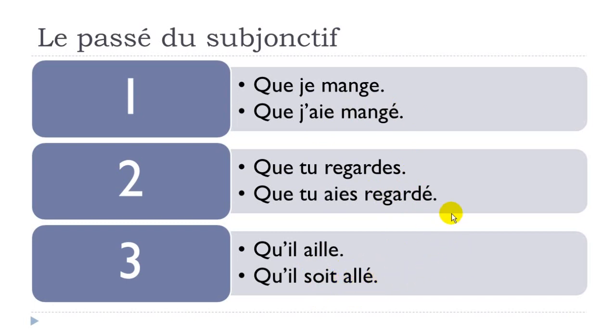So from what you see, and especially now, this is unit 10, so I assume that you've been watching the previous videos that we've been making, concerning the composed tenses. And maybe here you can see that this passé du subjonctif will be constructed like all the composed tenses that we saw so far.